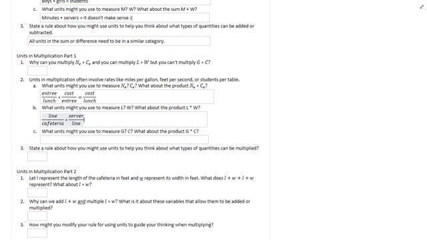And again, you should see something right away that we can cross-cancel. We can cross-cancel the line. We are left with a server divided by cafeteria, which again is not something that we have on our list. But I think it's a good idea for us to know how many servers there are in the cafeteria, yeah?